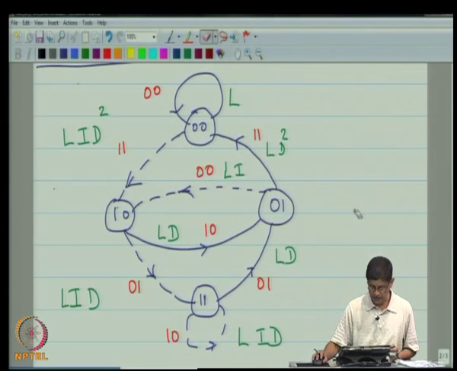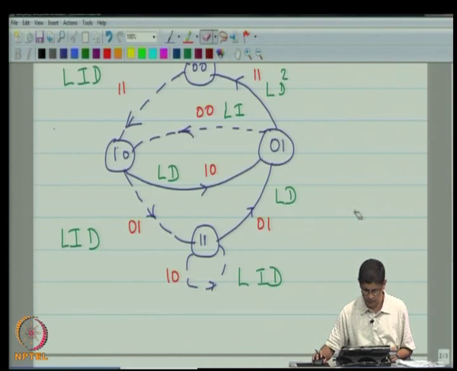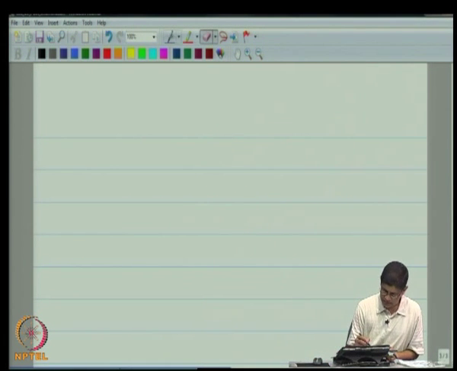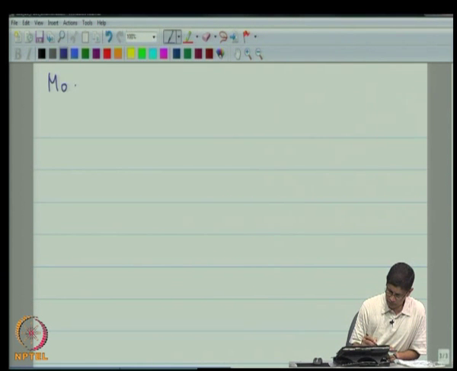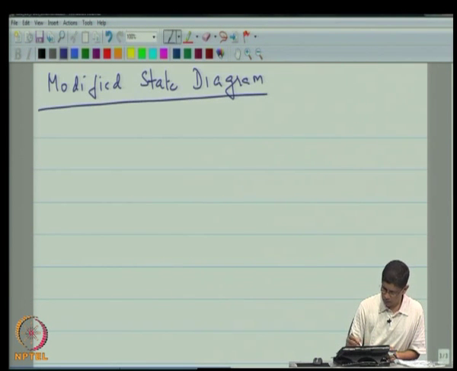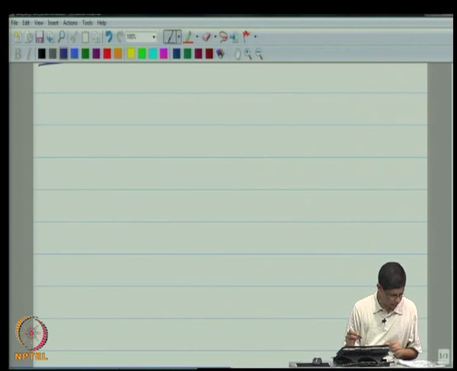Our starting point is this finite state machine, but since we want to start at the all 0 state and come back for the first time to the all 0 state, what we will do is draw what is called a modified state diagram for the convolutional code. So, this modified state diagram looks like this.